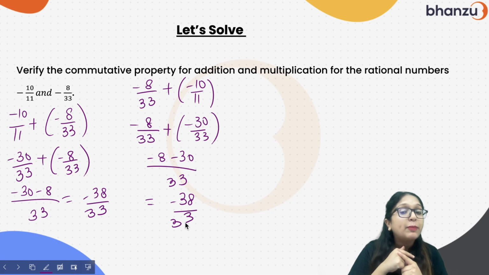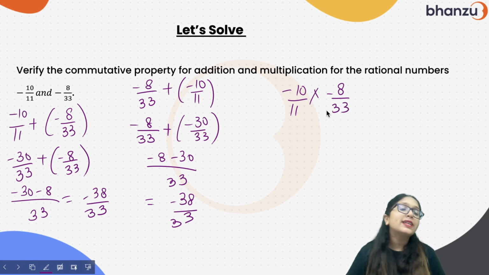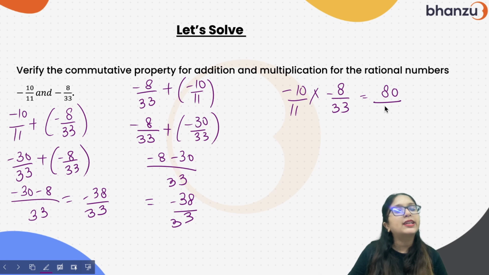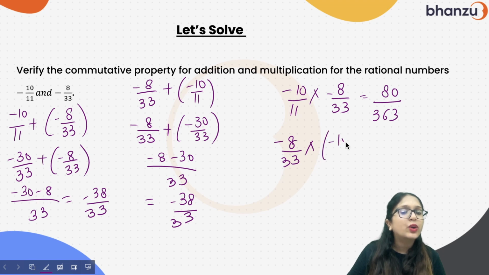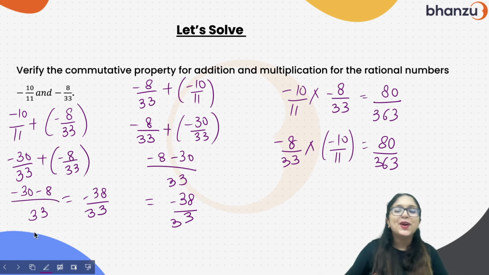Now we will check the multiplication question also. Minus 10 over 11 multiplied by minus 8 over 33. Minus 10 multiplied by minus 8 is 80 over 11 times 33 is 363. And if you do it in a different order, then also the answer is going to be same. So we have verified it once again.